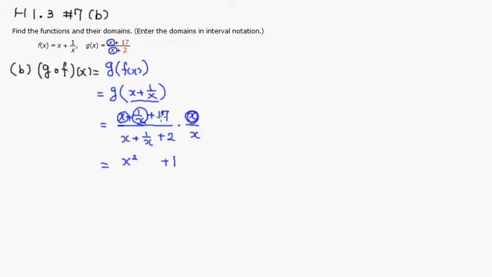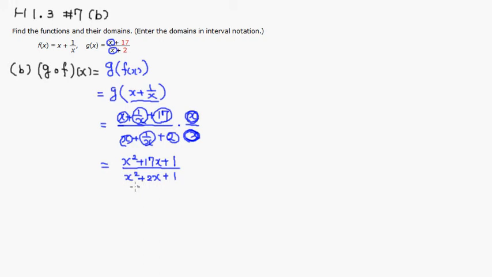And 17 times x, so plus 17x, all over x times x again, so x squared, and x times 1 over x is plus 1, and x times 2 gives you 2x.